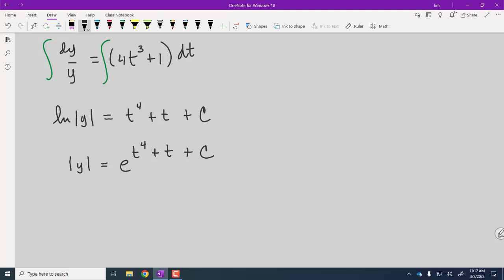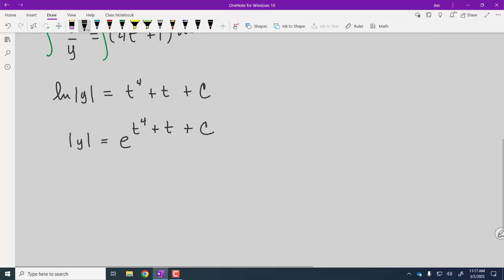Now, we've got this absolute value of y. Absolute value of y is either y or negative y. It's one or the other. And we want to get to just y. So here's the clever strategy. On the right, we can use that exponent rule that we just used a moment ago. Isn't this true?